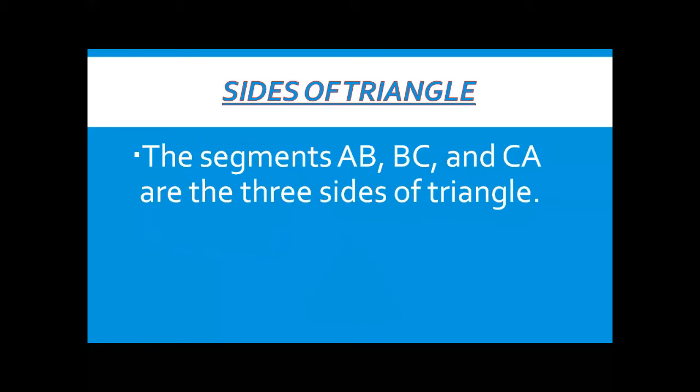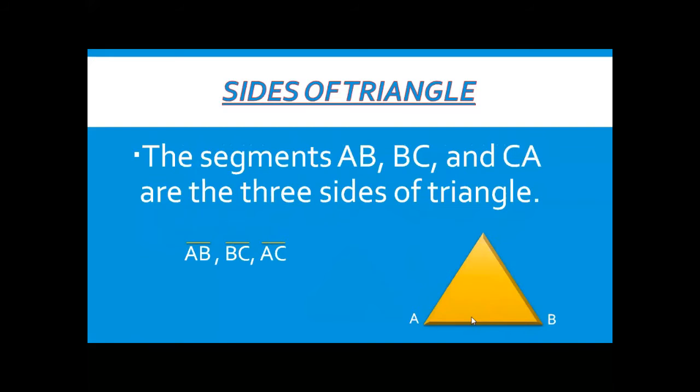Now, sides of a triangle. What are the sides of a triangle? The segments AB, BC and CA are the three sides of the triangle. In the previous slide, we have seen what the vertices are. Now in this, what are the sides?